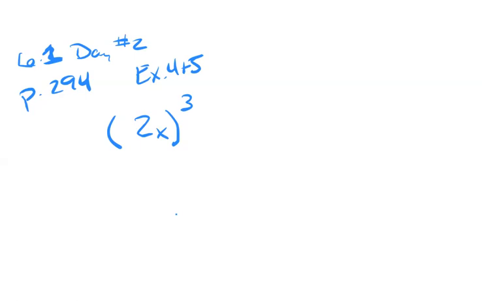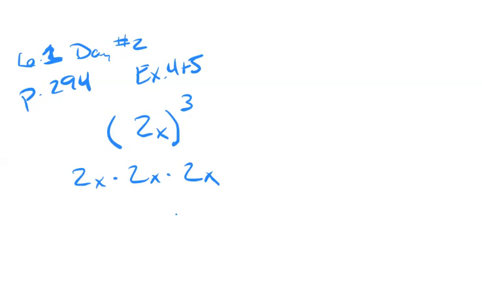But this is different: I've got 2x in parentheses to the 3rd power. Let's think about what this represents. Remember, an exponent means you multiply the base by itself that number of times. My base is 2x, so I'm taking 2x times itself 3 times: 2x times 2x times 2x.